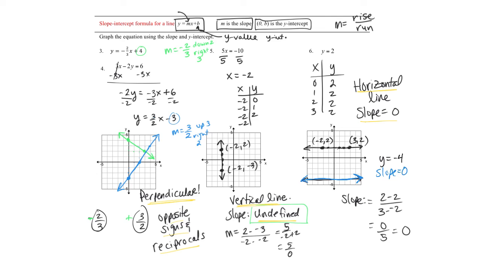So if I wanted another line that was parallel here, I need to have the same slope, same steepness. So parallel lines have the same slope. All right, so there's our slope of perpendicular, parallel, vertical, and horizontal lines.